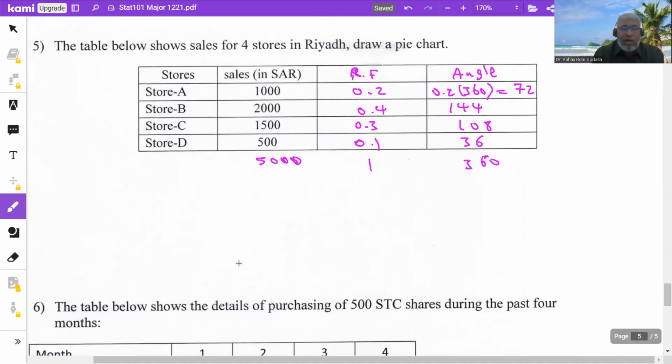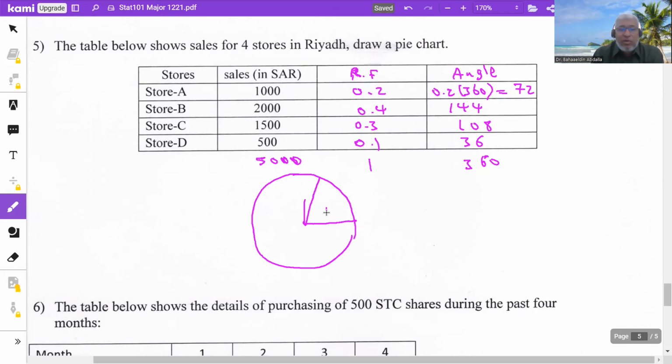So now I can sketch the graph by, for example, this is just a circle, okay, this is the center. If I start from here, from the x-axis, to sketch 72, well, up to here, it is 90. So 72 could be somewhere here.